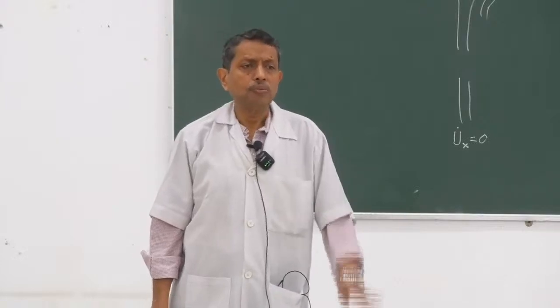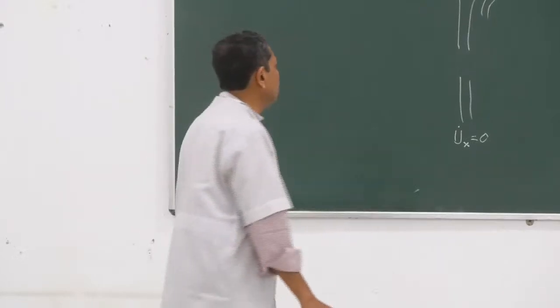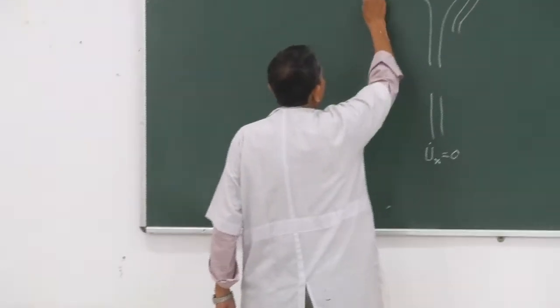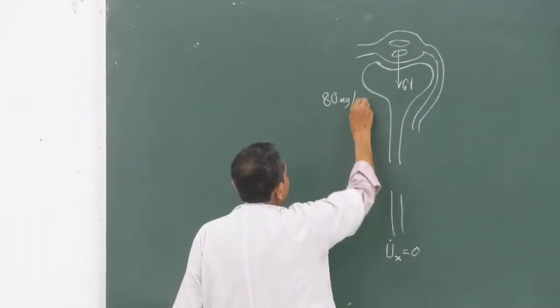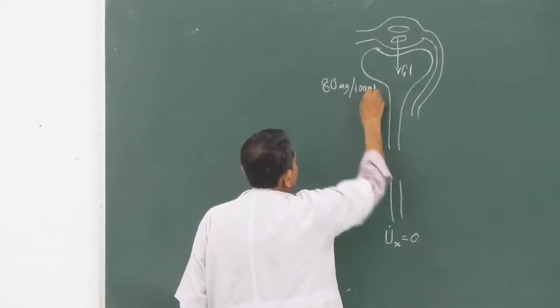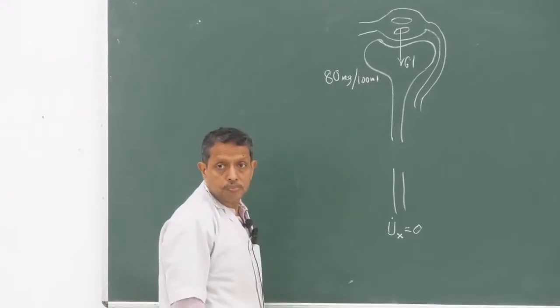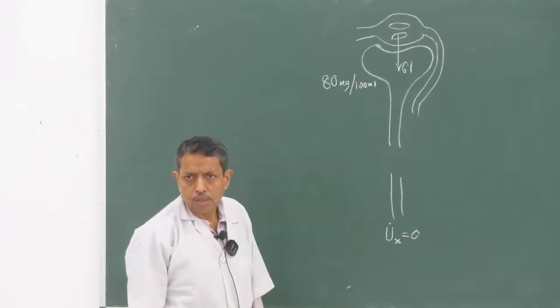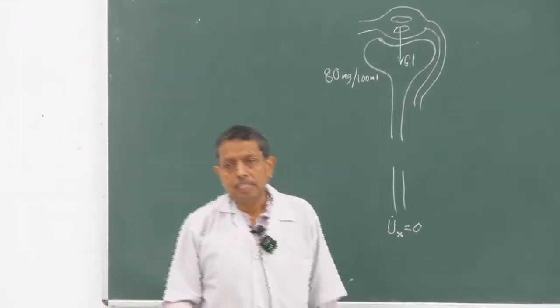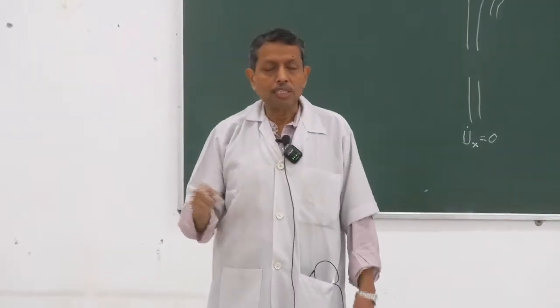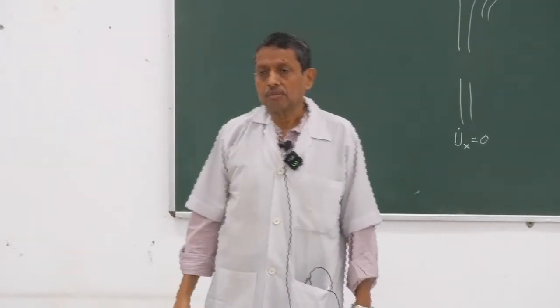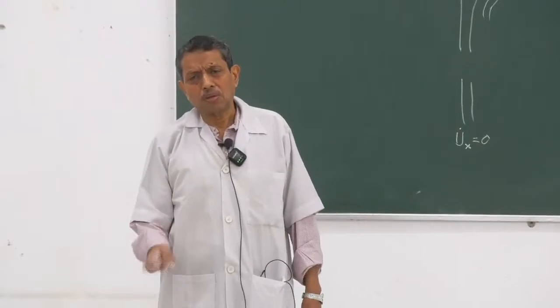For a typical value, you take in the textbook, it varies. It will be 90, 120 or so. In the fasting condition, it is less than 140 or so.